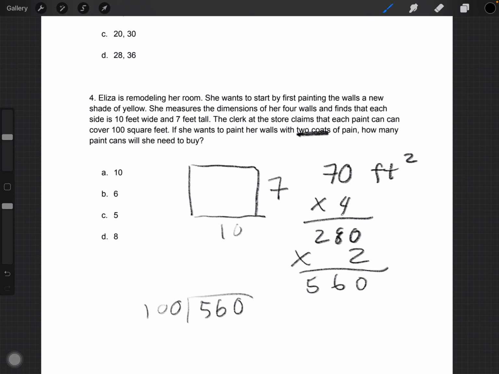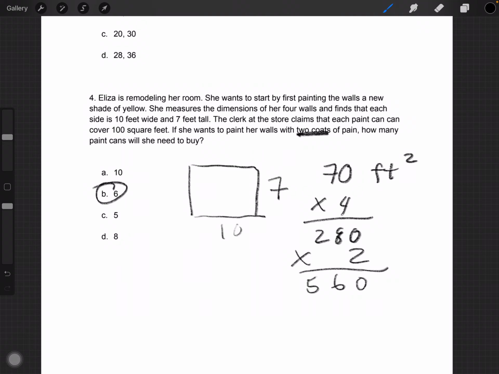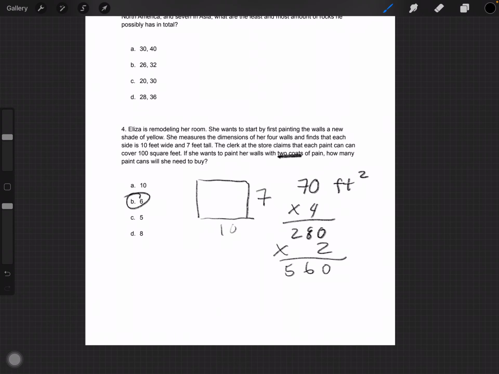So what is the closest 100 to 560 that is rounded up? Well, it's not 500, because 5 cans can't cover all 560, so you go with 6, or 600 square feet. So she'd have a leftover of about 40% of her can, but that would cover it.